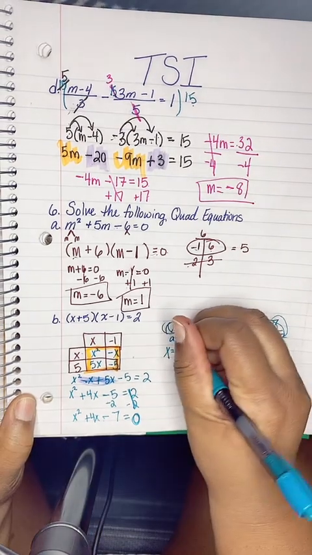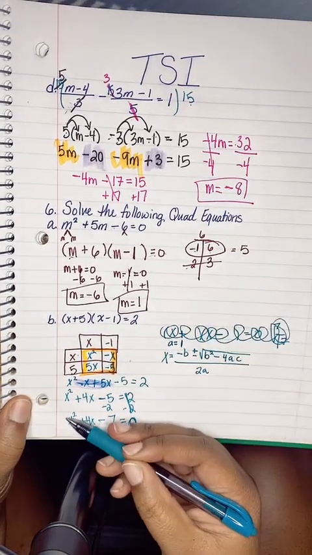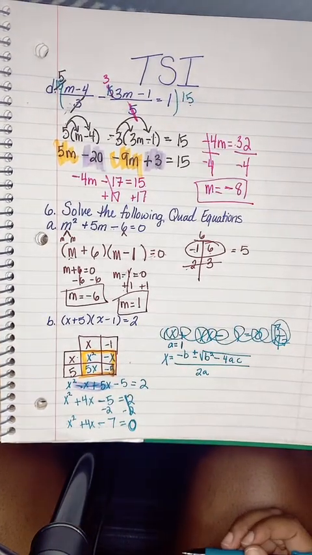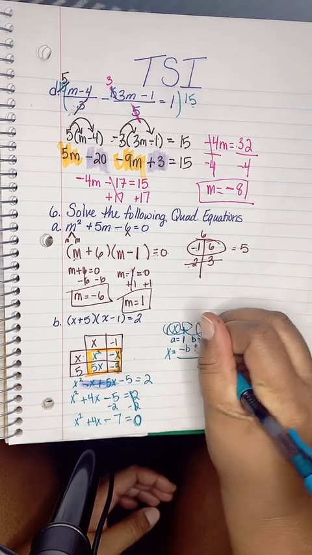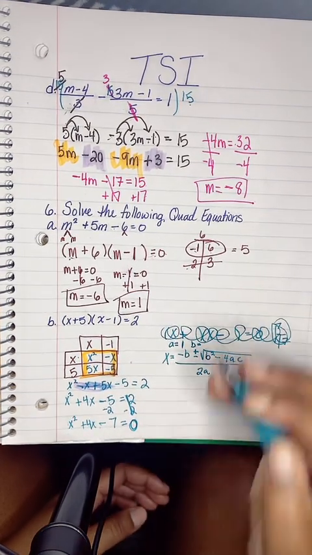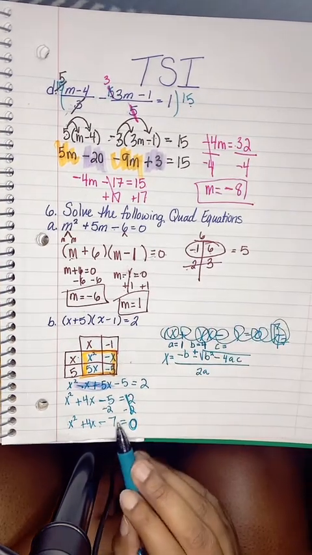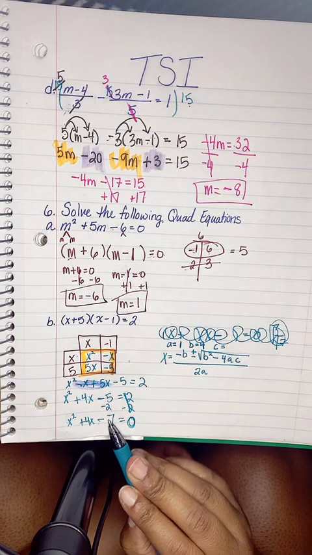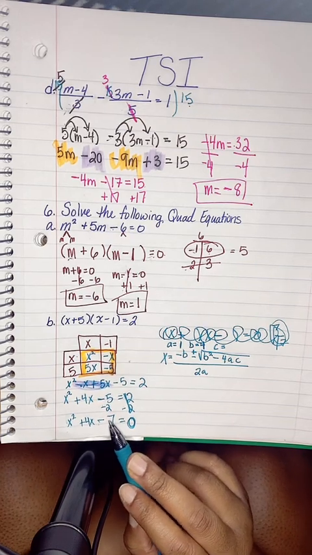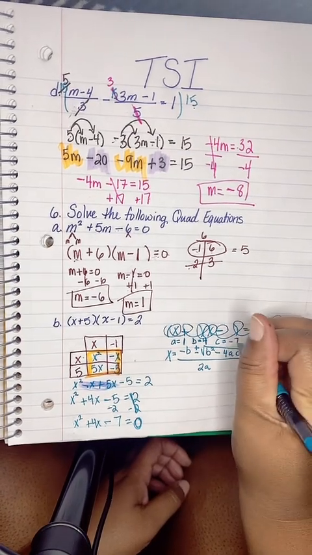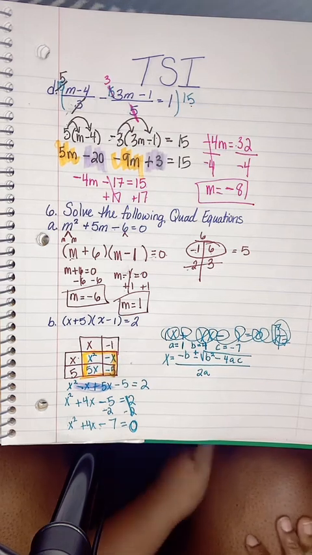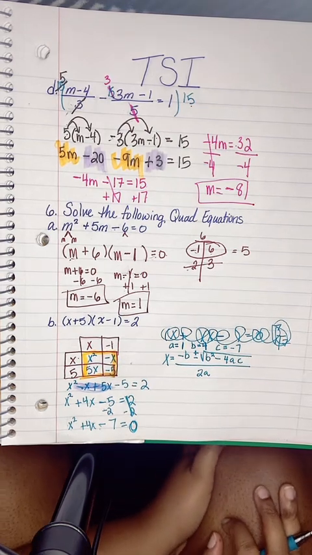So my a is going to be 1 because there's always a 1 by every variable. My b is always next to the x, which is just 4. And my c is going to be the constant, which just means a number that doesn't have a letter attached to it, which is -7. Whew, they putting us to work.